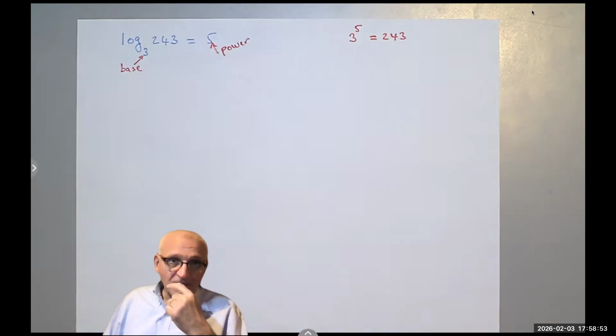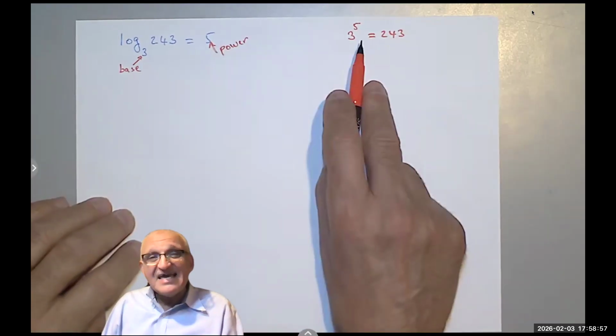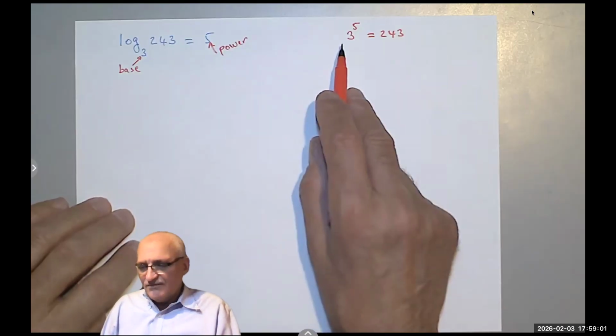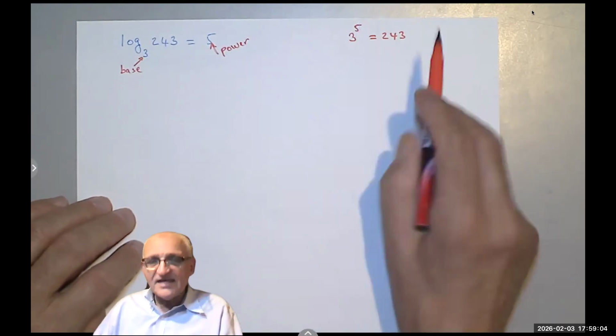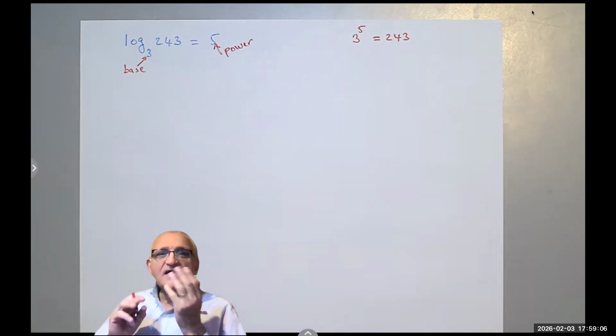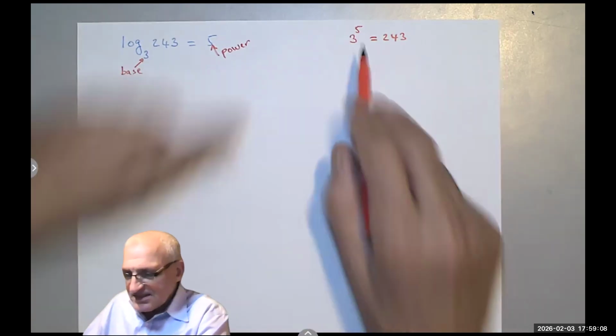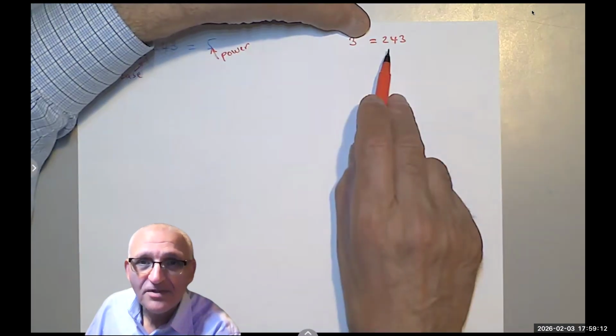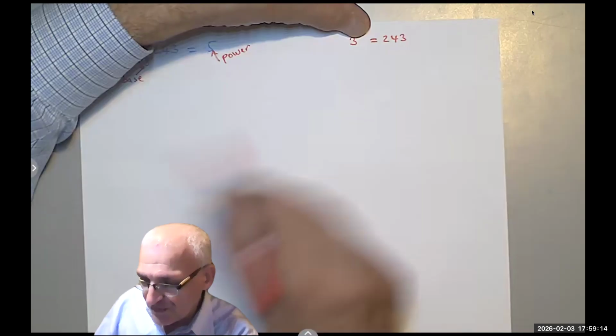So that's the opposite, the inverse of that. I had a 3 and I say, if I raise it to the power of 5, I get 243. And then I ask you, what power did I raise the 3 to, to get 243? Because I want to go back to 3.